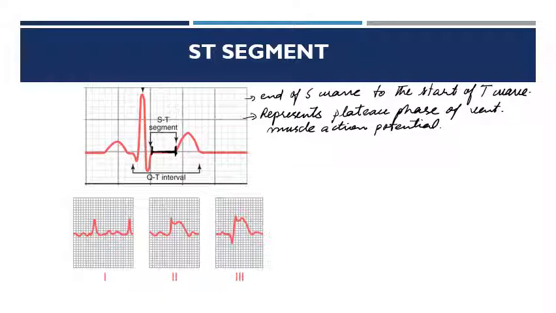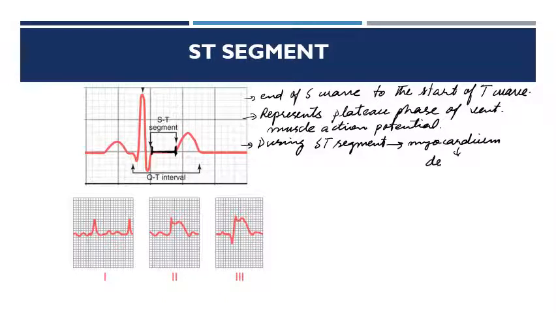During the ST segment, the whole myocardium becomes depolarized. Therefore, it appears as isoelectric line.